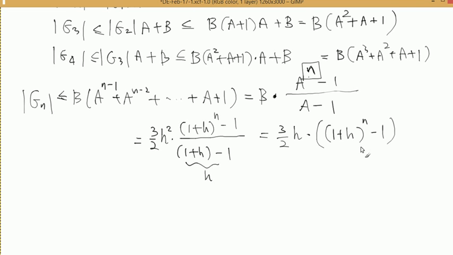The final bit is that this number here, which is written like this, 1 plus 1 over n to the n. Does anyone know what happens to this quantity as n increases? This one approaches what number? Not 1. Not infinity. Infinity is a problem, right? We want to control it down, so that's a problem. It's got to be some number.